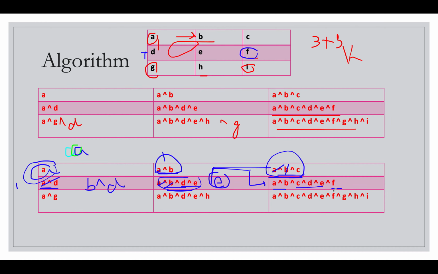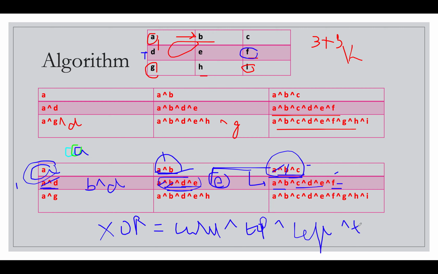So the conclusion that we draw is the XOR coordinate of any particular index equals the current value XOR the top value, this is the top value for this index, with the immediate left value, with the top left value, if that exists. So this is how we'll find the XOR value of all the indexes that are present in the matrix. And once we have that, we will maintain a priority queue.